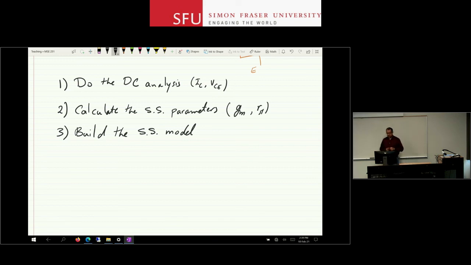And a current source becomes an open circuit. And keep only the small signal sources in the circuit. Take the transistors out of your circuit and replace them with their small signal model. Good news here is that the small signal model for PNP and NPNs are the same. And you build this new circuit, and then you solve the circuit. It's a linear circuit now.